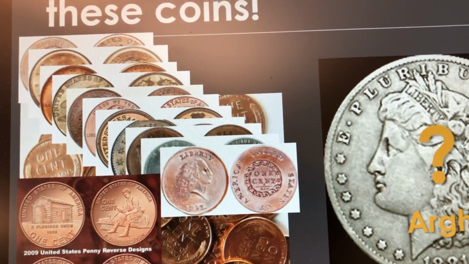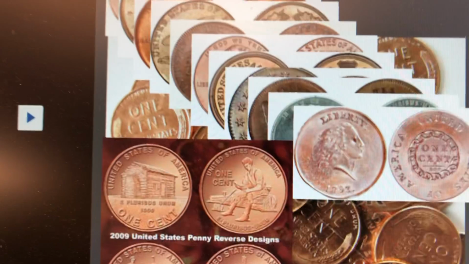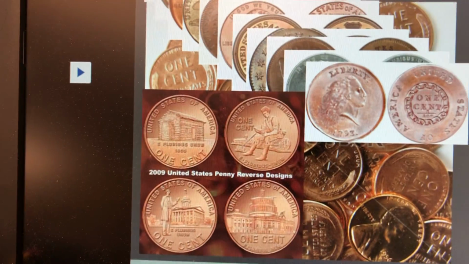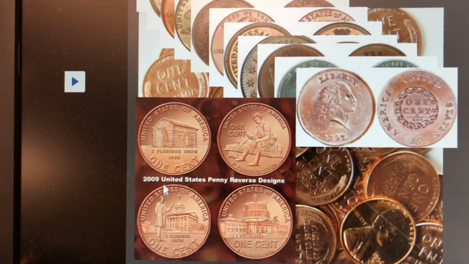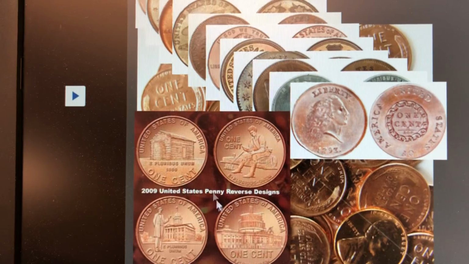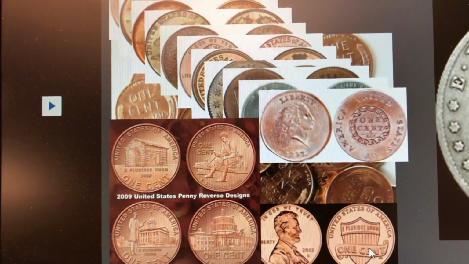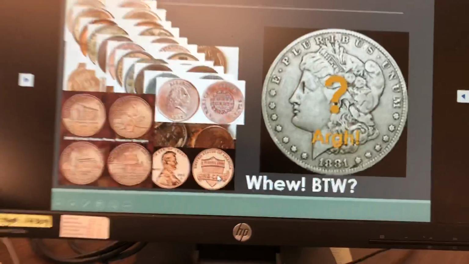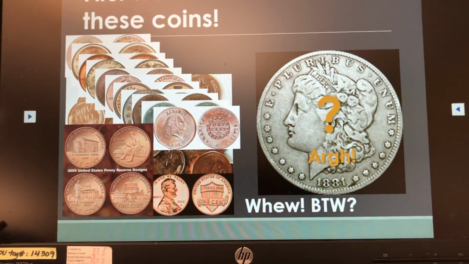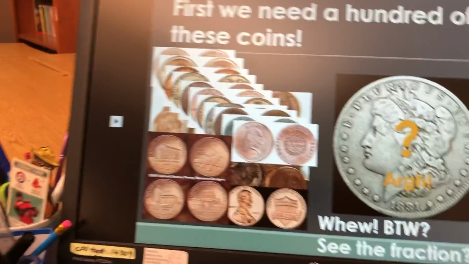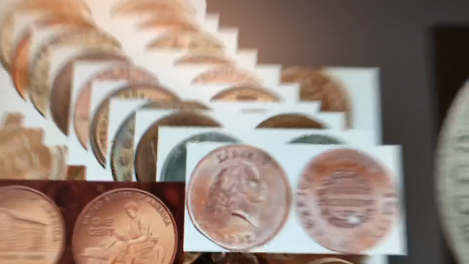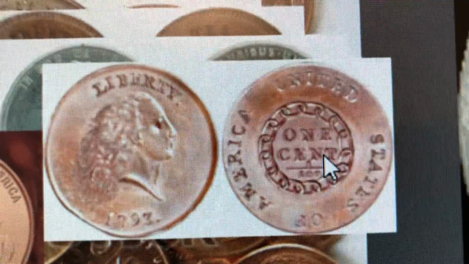Ooh, Lincoln pennies. I don't think I've seen any of these. I have seen this one. Okay. Whew. By the way, see the fraction? Oh, yeah. Fraction!